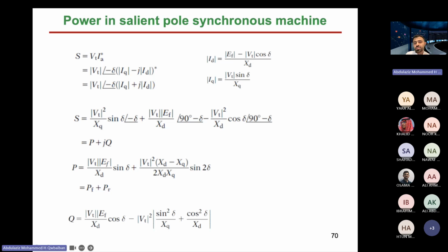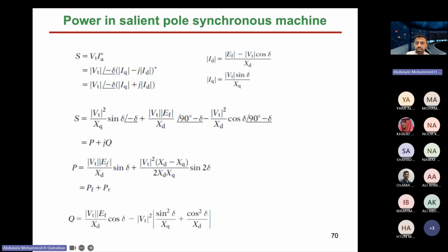So this complex power per phase or per unit is VT IA conjugate, where for some reason, if you define ID to be EF minus VT cosine delta over XD, IQ is VT sine delta over XQ.